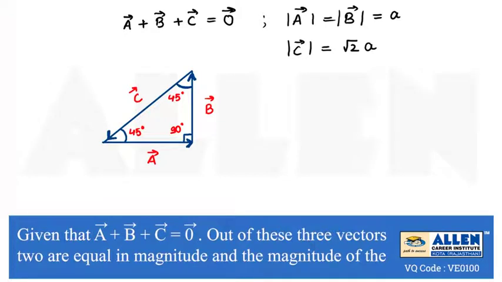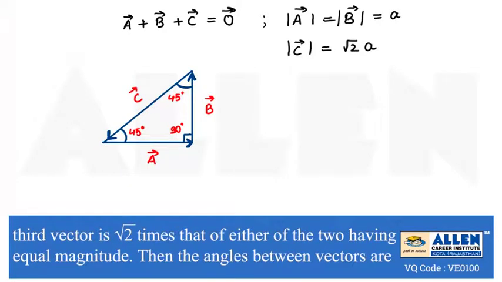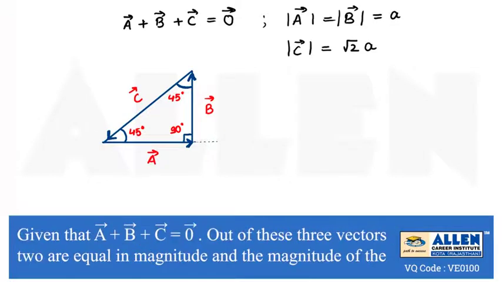Therefore the angles shown in the figure are not the angles between the vectors. So we have to calculate the angle by extending these vectors. Suppose I extend this vector, the remaining angle will represent the angle between a vector and b vector. If I extend this vector, this angle will represent the angle between b vector and c vector.